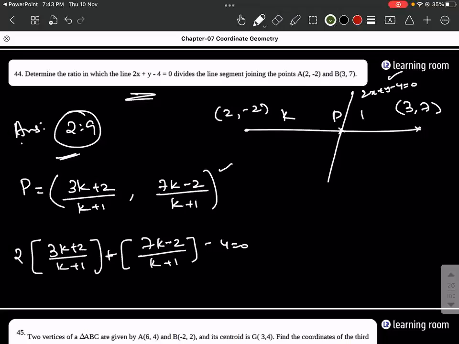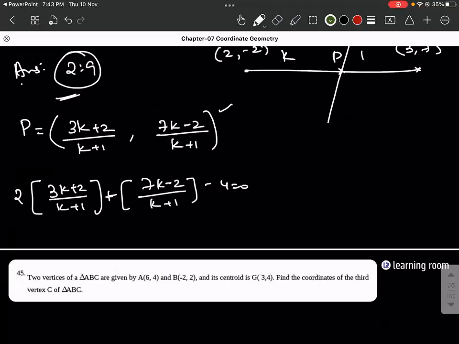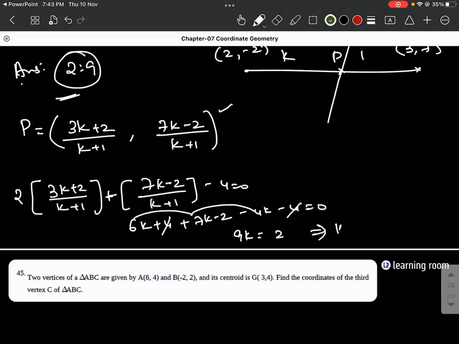So here it will be 6k plus 4 plus 7k minus 2 minus 4k minus 4 is equal to 0. This and this will get cancelled. 13 minus 4, 9k is equal to 2, which implies k will be 2 by 9. Tanishka, did you understand? Yes, sir. Thank you, sir.